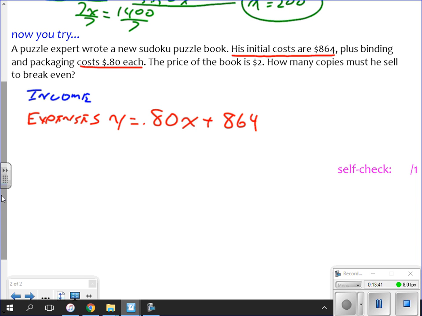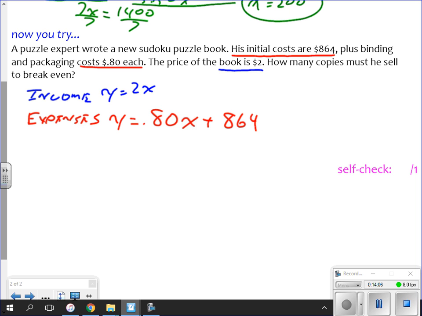His income is actually a lot easier to do. How much did the book sell for? $2. Y equals 2x. You got your income, you got your expenses. Same thing we just did on that one.